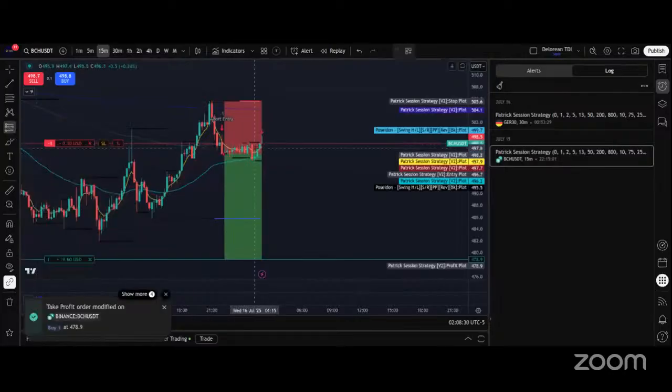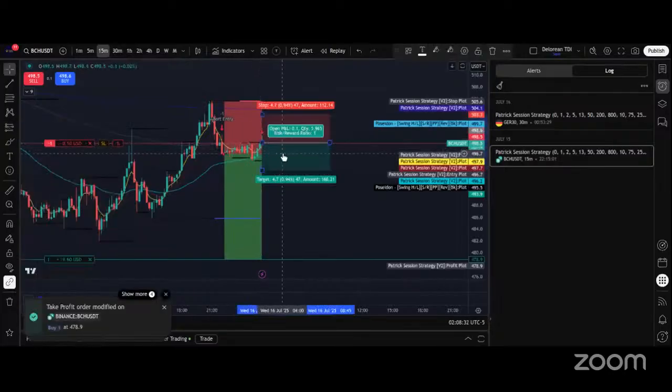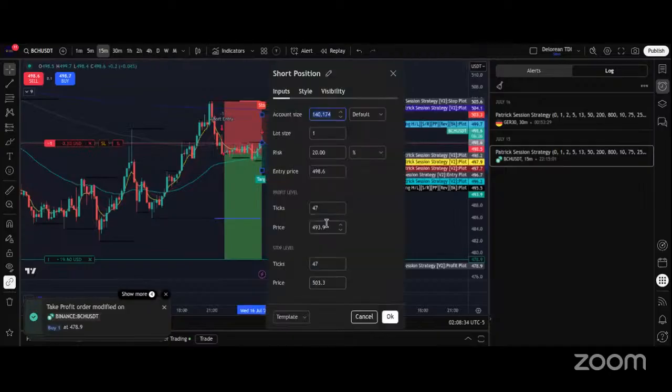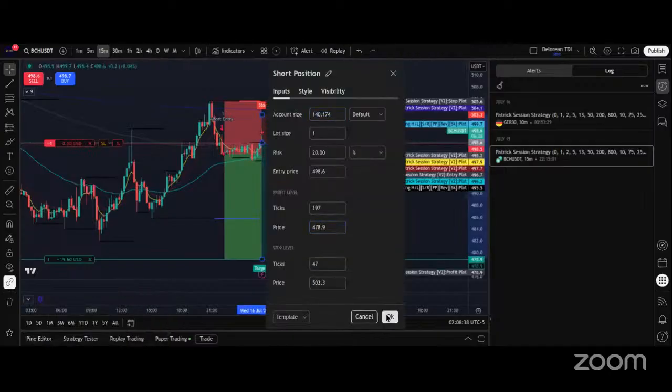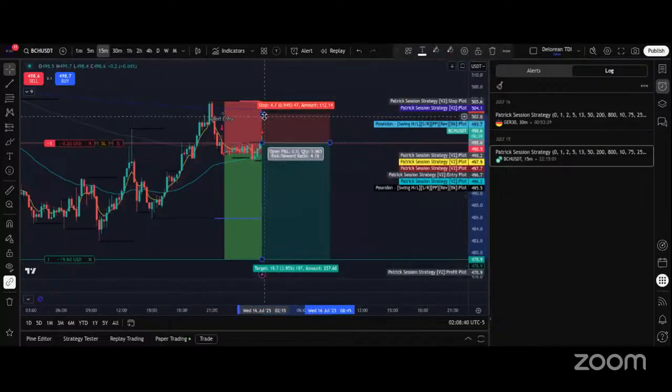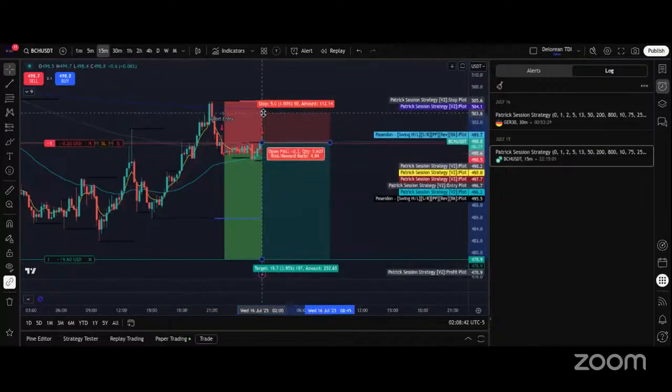Short position. $478.9. Give ourselves a little bit more wiggle room. Let's go ahead and grab these parameters.